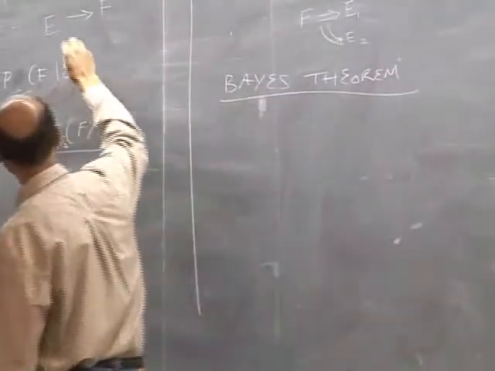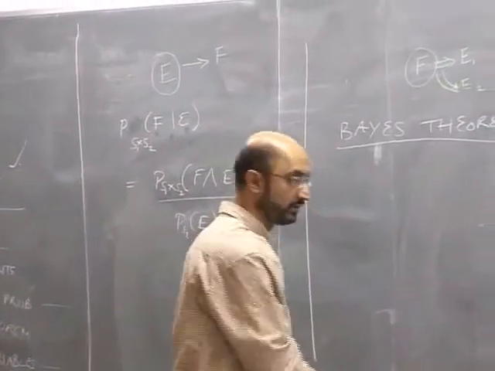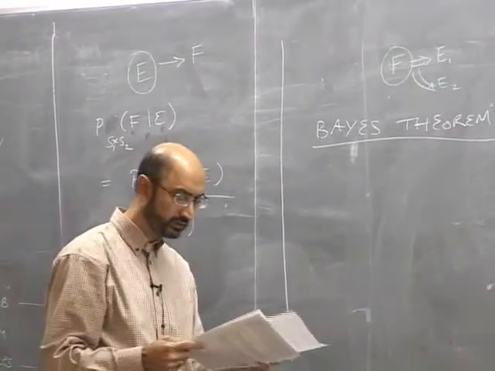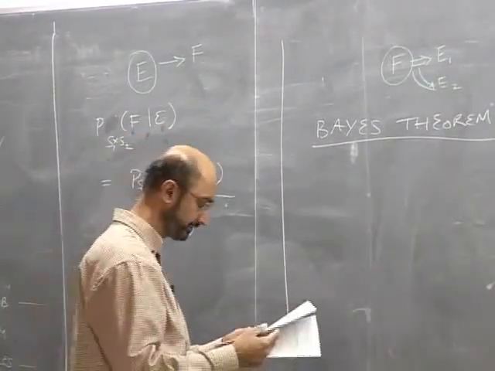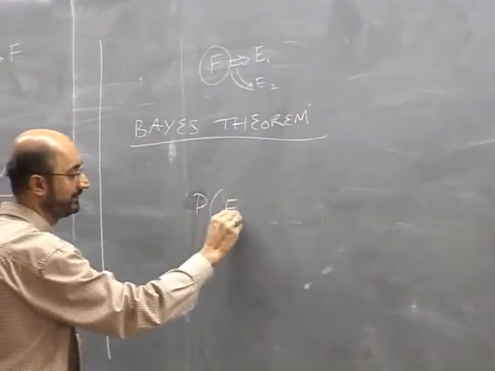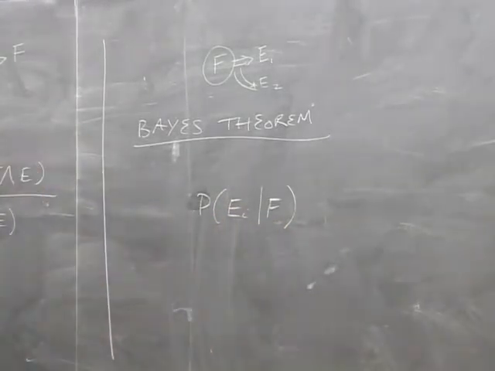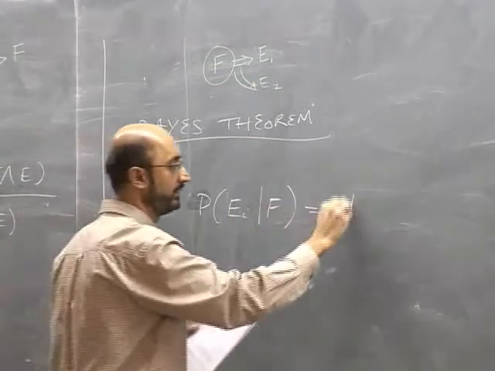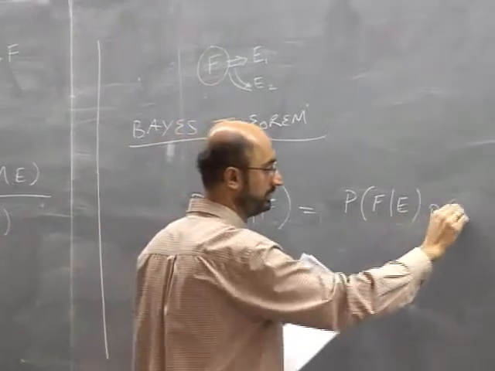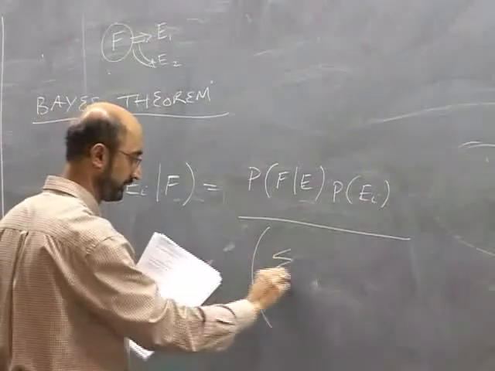Here you're given E, I'll circle it, and you want to know what F is. Here you're given F, and you want to know the probabilities of the various E's. What Bayes' theorem allows us to do is write it like this. The probability of the ith event E sub i given the outcome F. Remember, E given F, not F given E, is given by P(F given E_i) P(E_i) over the sum over i of the same term.